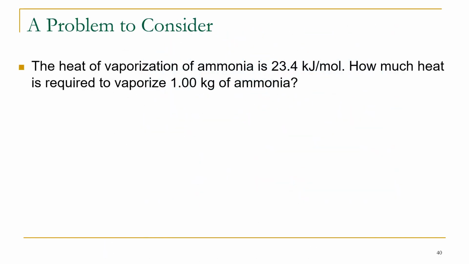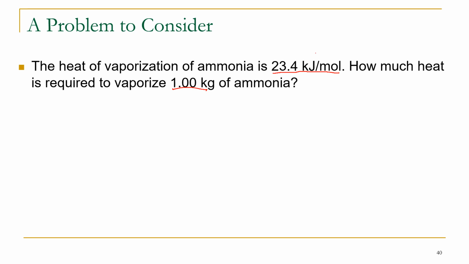Yeah, so the heat of vaporization for ammonia, now this is just that segment. In this case, what we're doing is vaporizing 1 kilogram of ammonia, and they don't even give you the boiling point. All they want to know is how much energy is going to be required to vaporize 1 kilogram of ammonia if the delta H of vaporization for ammonia is 23.4 kilojoules per mole.